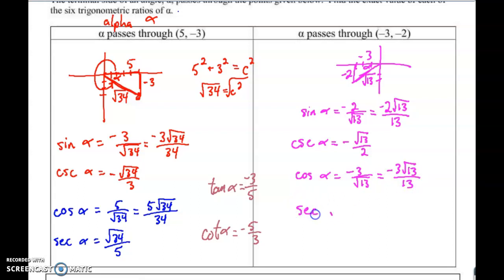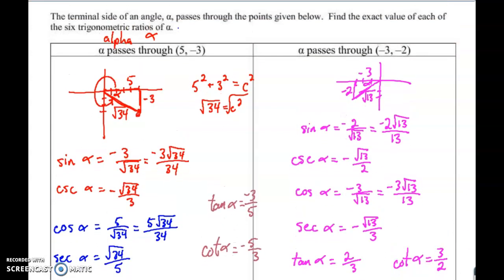And that means secant would be the reciprocal. Tangent, notice it's a negative over negative, so it's going to be positive. Opposite is 2, adjacent is 3, and then cotangent will be the reciprocal of that, 3 over 2. I think that's all we needed to do with that one.